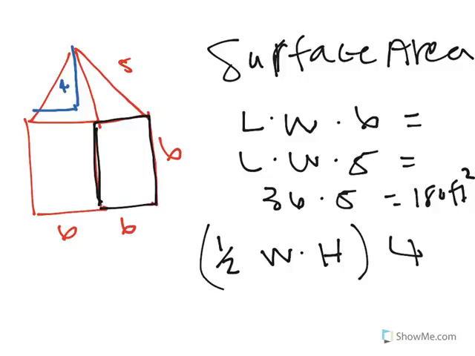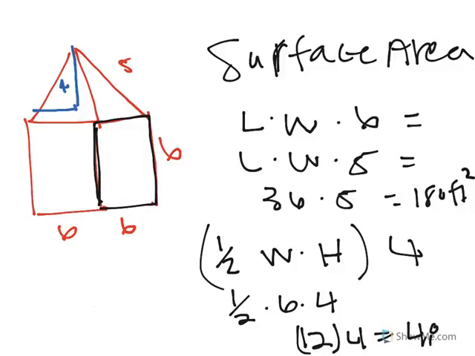Usually when you're finding the surface area for a pyramid, you also have to include the square on the bottom, but now you don't include that because there's the cube. So for this, it would be 1/2 times 6 times 4, which is equal to 12, times 4, which is equal to 48 feet squared.